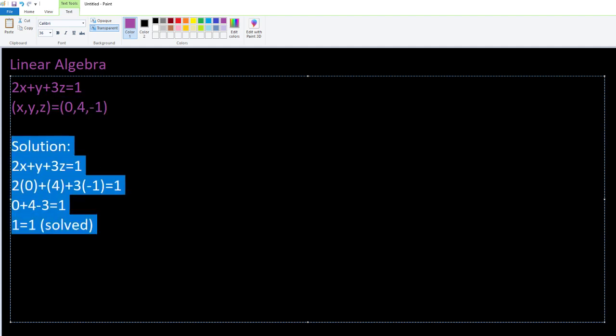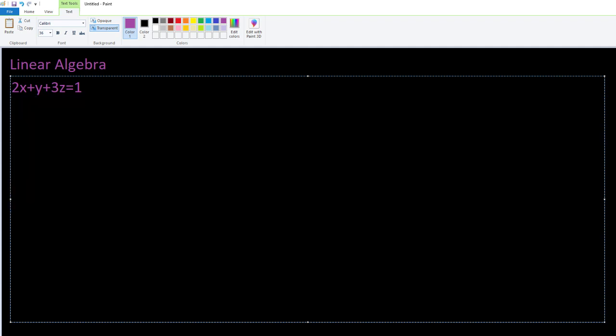Here we have two equations that relate the same variables. Let's put our other equation back now: x plus y plus z equals 3. We had the solution x, y, z equals 0, 4, -1.